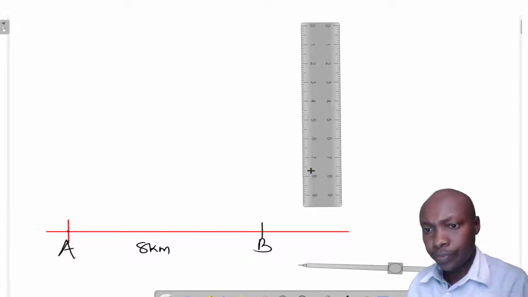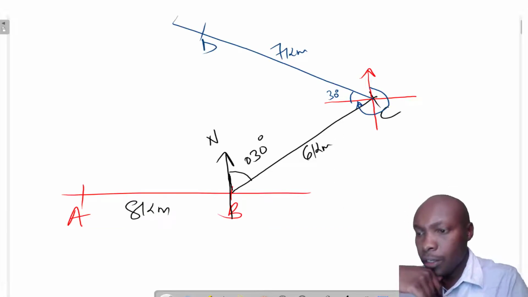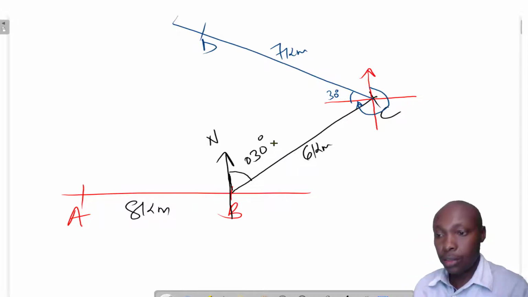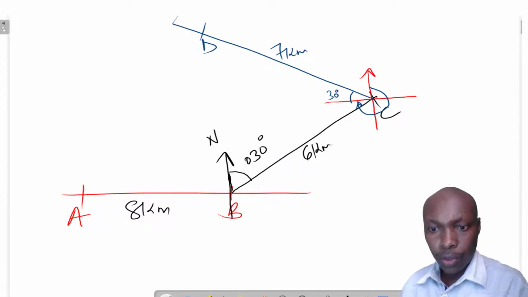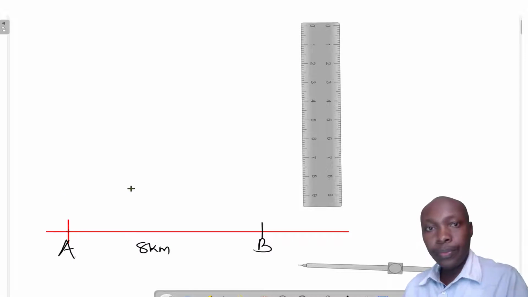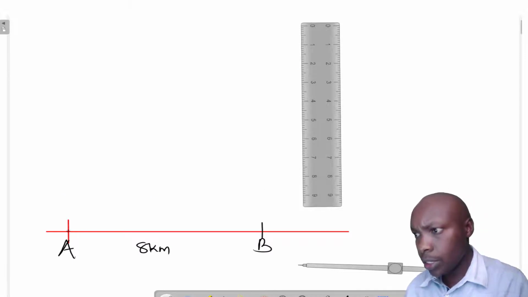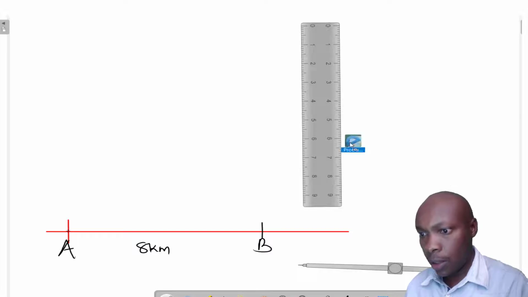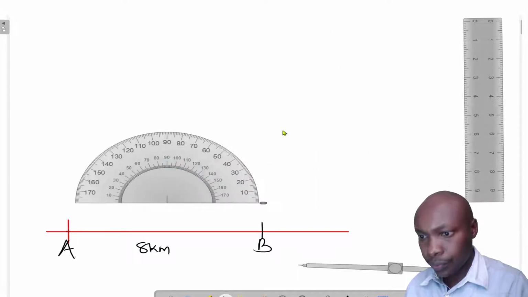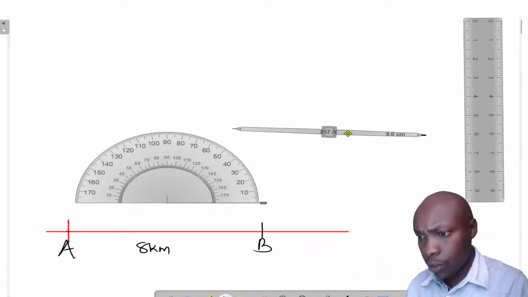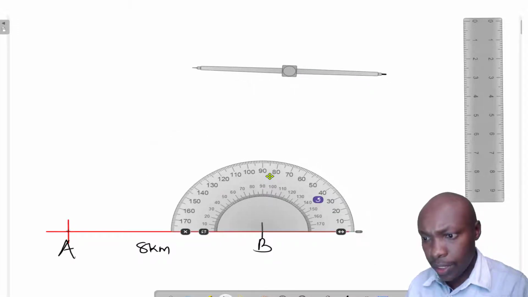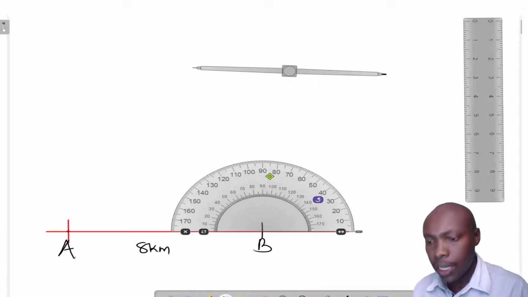Now after doing that, looking at our diagram, we need to measure 30 degrees from B. So let me do that. To do that I will need a protractor. When you're drawing the north line, you need to ensure that this point will be exactly 90 degrees.